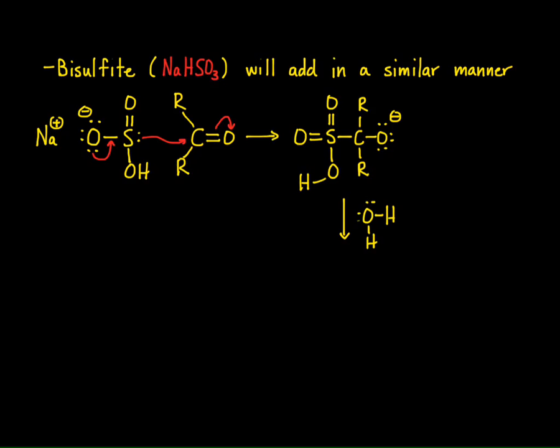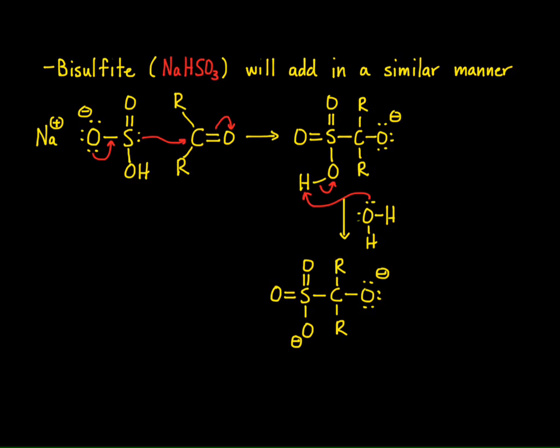The next step involves deprotonation, protonation. So what we're going to do is deprotonate the OH group of that sulfonic acid, because we've essentially produced a sulfonic acid. And the OH is very acidic, so in water it can easily be removed, and you produce a sulfonate salt.